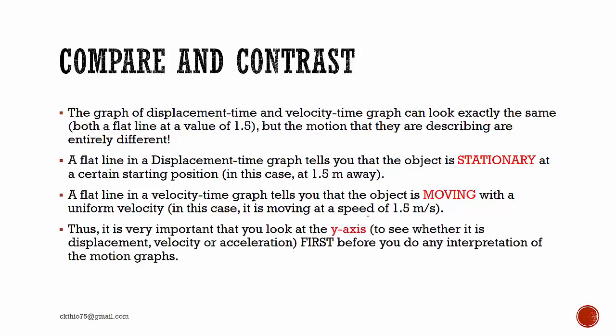What I'm trying to emphasize is that before you analyze the movement, you have to look at the y-axis to see whether it is a displacement graph, velocity graph, or even an acceleration graph first before you start to do any analysis.